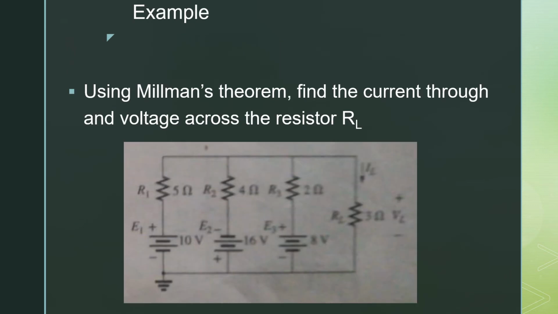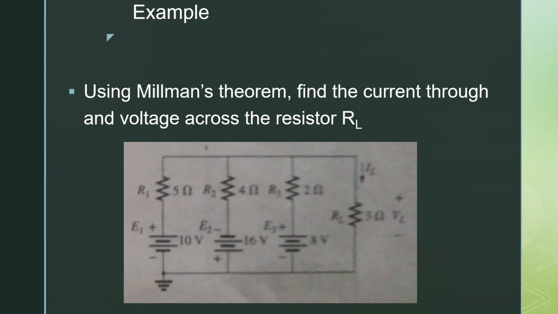Now let us solve an example in order to understand the Millman theorem. Using Millman theorem, find the current through and voltage across the resistor RL. We have to find the value of the current through RL and the voltage across that load resistance. You can see from the figure that we have three voltage sources of different values in parallel with three resistors.